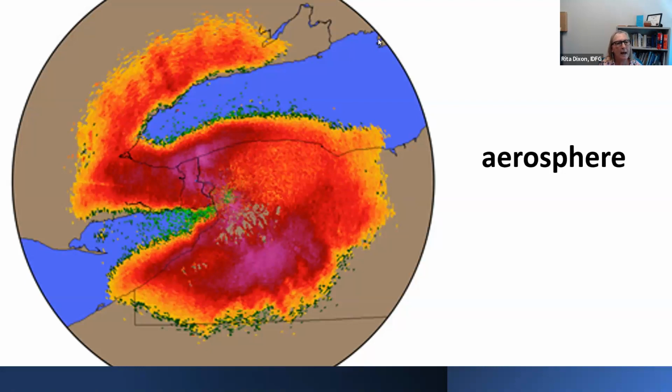And we have animals that are volant and they're moving through the airspace for various things, from foraging, but also for dispersal, migration, and behavioral interactions in some cases, especially birds and bats, but also insects, monarch butterflies. And so we need to be thinking about connectivity in the aerosphere or airspaces as well, because if we disrupt that, then we're going to create problems.